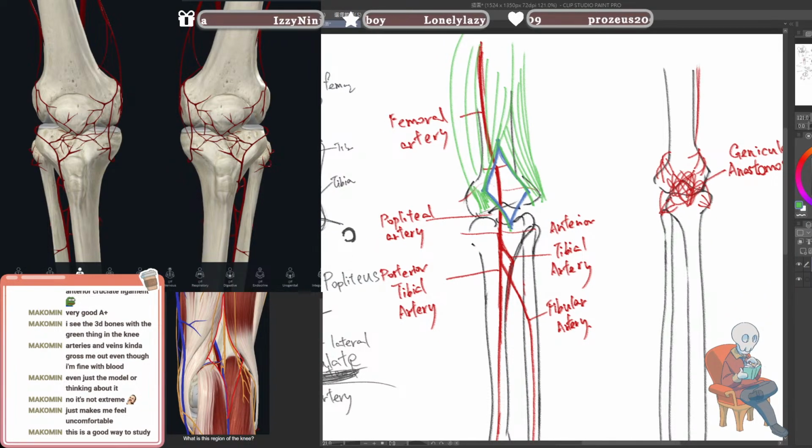and the lower side of the diamond is formed by, what is this? So that's soleus, is it? If I remember correctly.